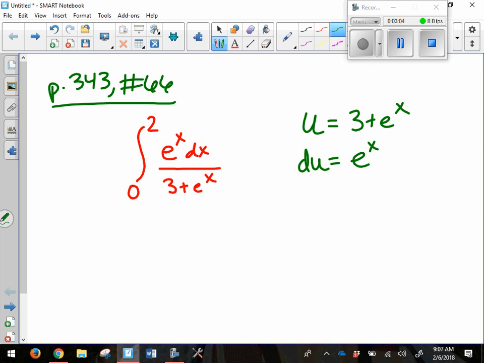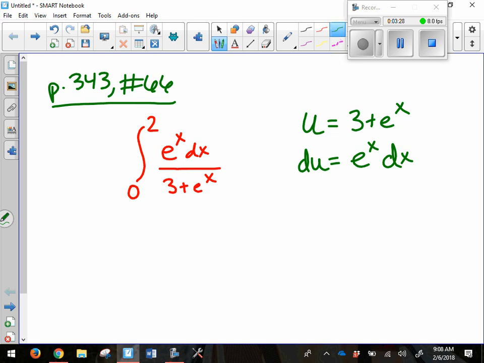So when I take the derivative of 3, what do I get? 0. No, because what's the derivative of x? 1. Okay, so you're right to think about the chain rule. You're right to think about what that exponent is, but the derivative of the exponent is 1 in this case. Okay.